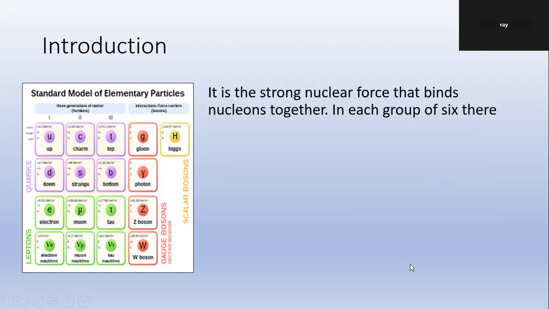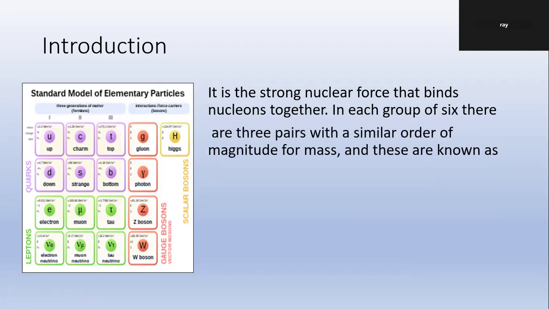It's the strong nuclear force that binds nucleons together. Each group of 6 has 3 pairs with similar order of magnitude for mass, also known as 3 generations. This is the 1st generation, this is the 2nd generation, this is the 3rd generation.